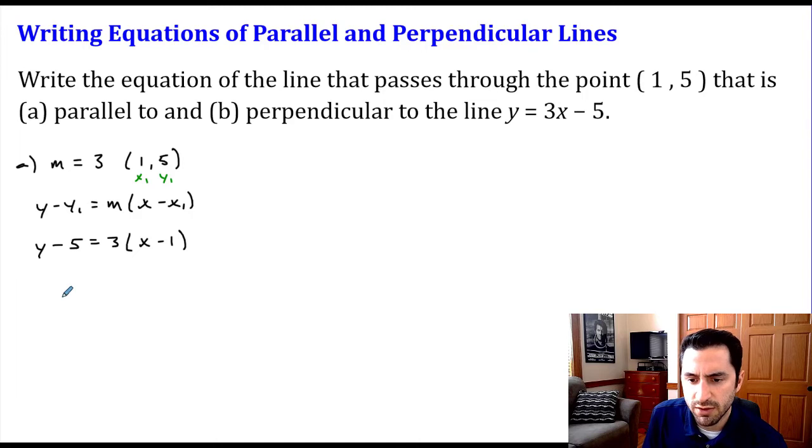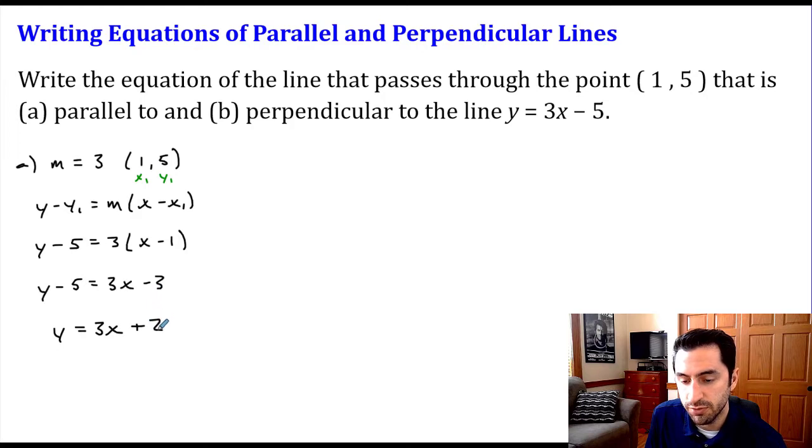To do that, we just need to rearrange it so that we isolate the y value. So we have y - 5, and I'm going to start by distributing the 3, so 3x - 3. To finish up, we add 5 to both sides.